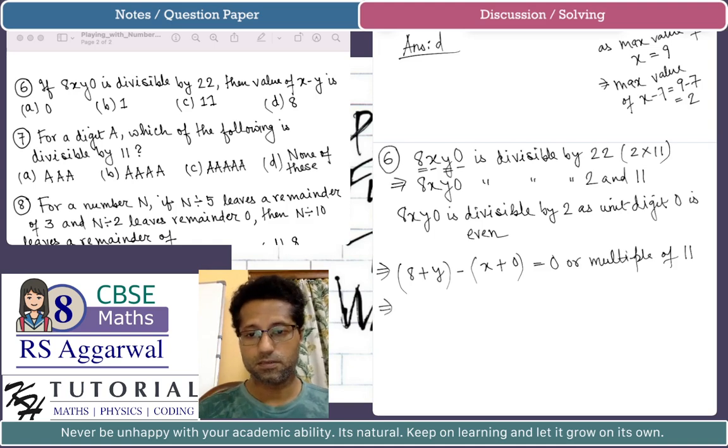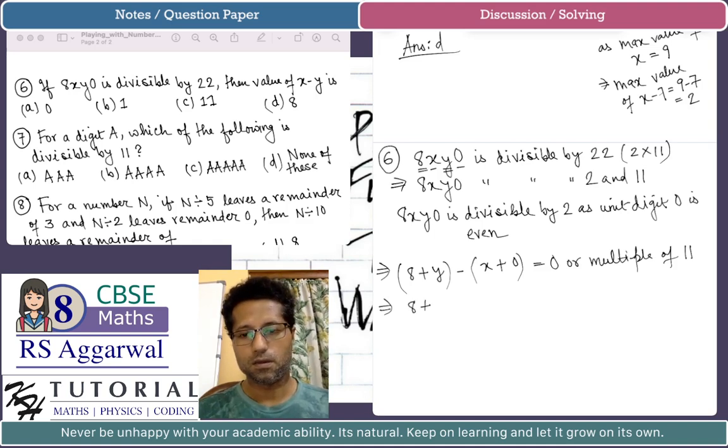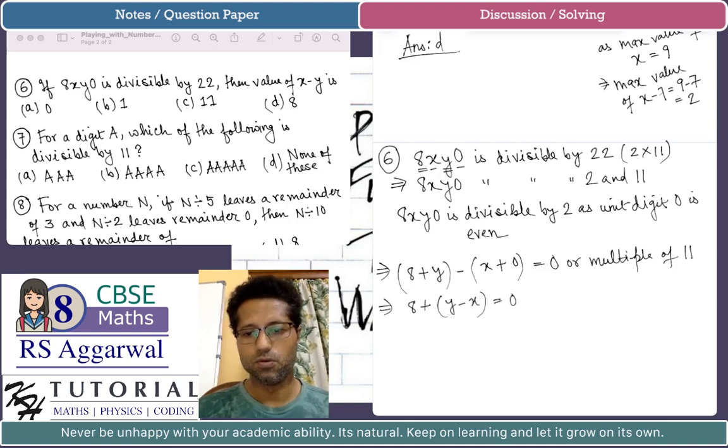So this implies that 8 plus y minus x is equal to 0 or a multiple of 11.